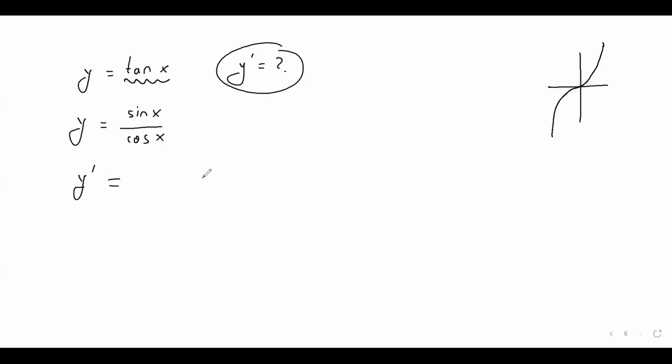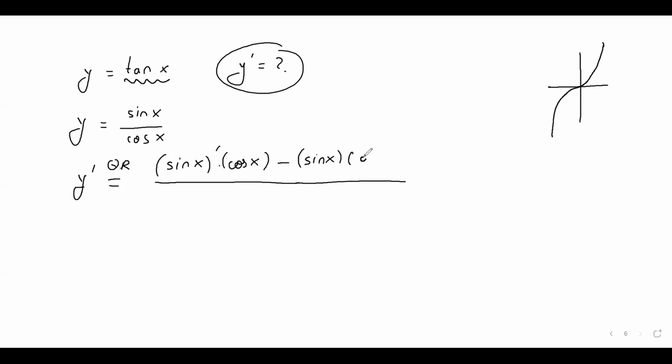So y prime is equal, and by the quotient rule, I'm going to say QR here. The top primed will be sine x primed times cosine x. Remember to use quantities, minus sine x times cosine x primed. So folks, this is the derivative. Remember, f prime g minus f g prime. That applies to trigonometric functions, those rules.